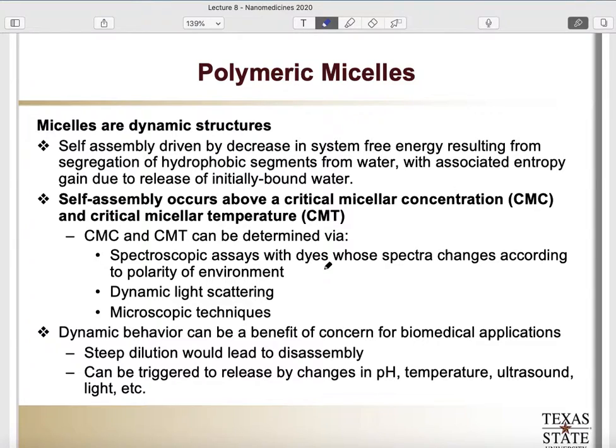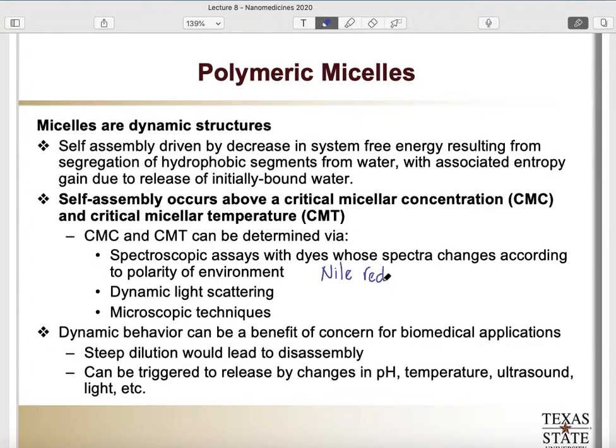One of the dyes that is used for this method is Nile red. Nile red is a molecule that changes its fluorescence. So it actually fluoresces when it is embedded in a hydrophobic environment, but when it goes into a hydrophilic environment, its fluorescence is quenched. So what we can do is put Nile red in the presence of that block copolymer.